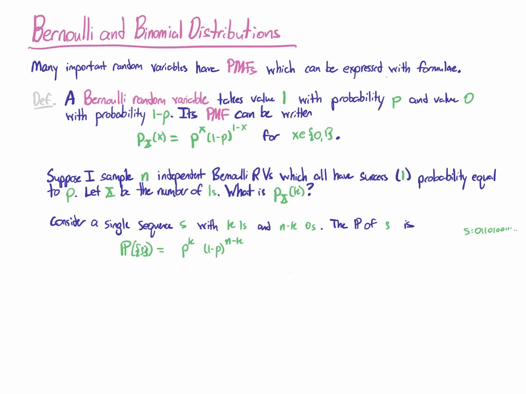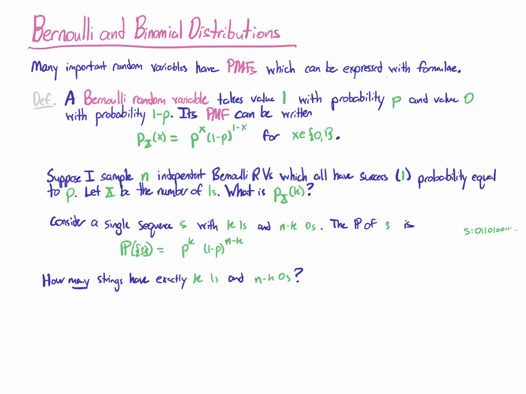Now I need to ask how many strings have exactly k ones and n minus k zeros. Well, I have a string.